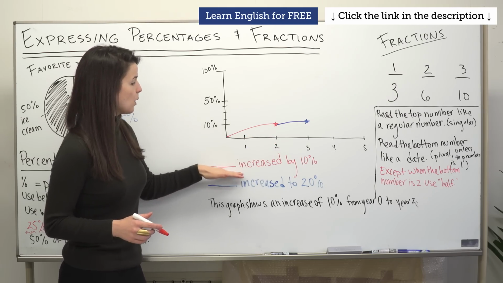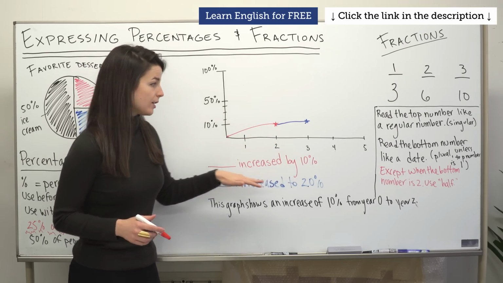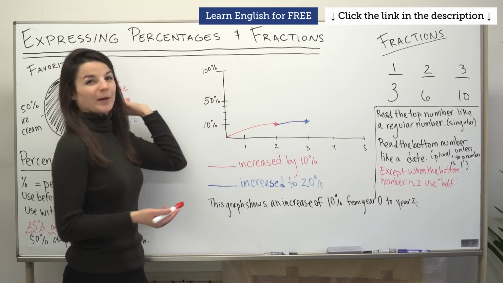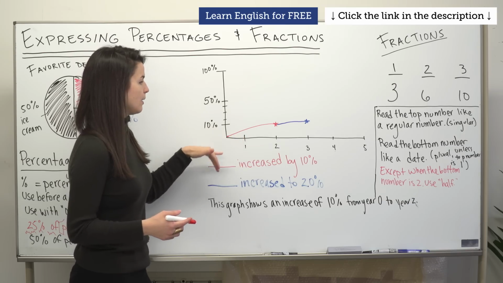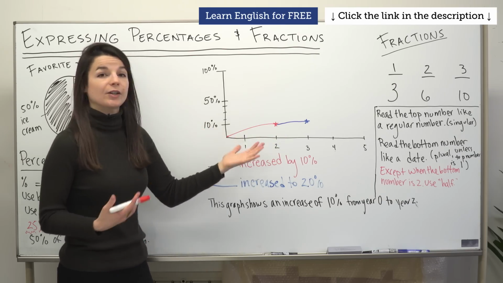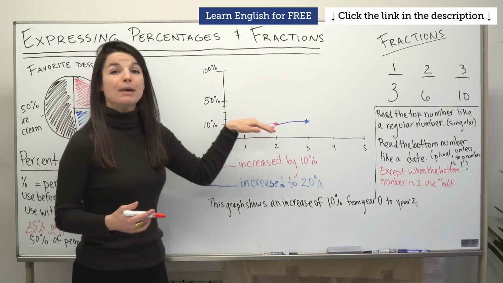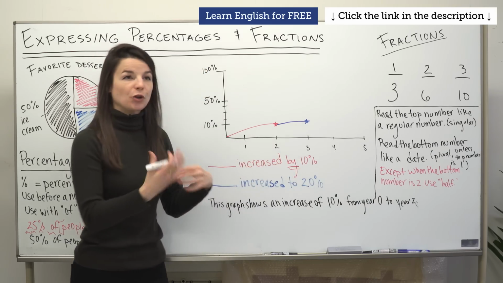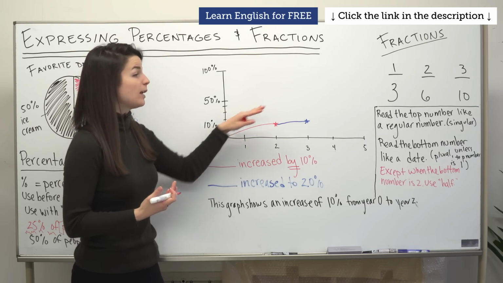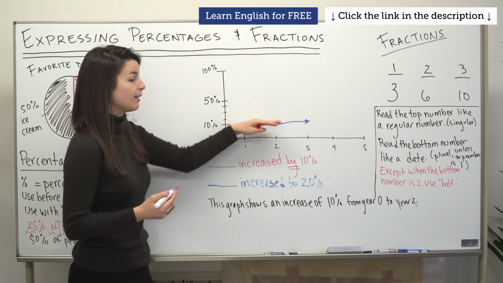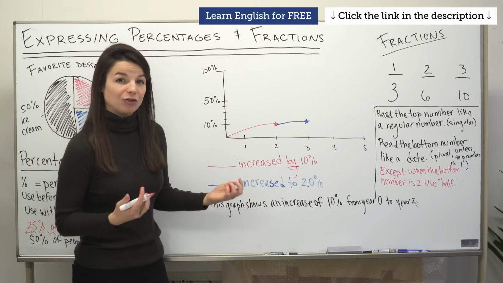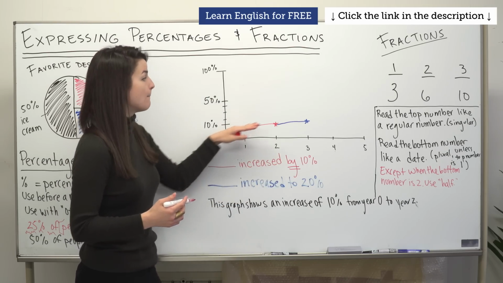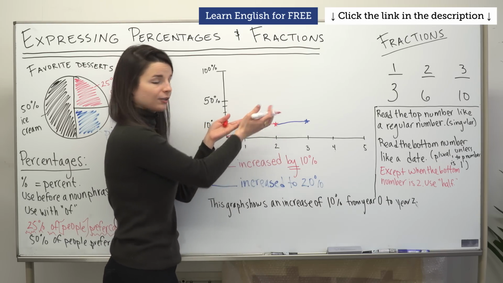So one way to describe this change is by saying that something, in this case, this was about dessert, so maybe like the number of people who made dessert at home increased by 10%. So this shows the degree to which something happened. So this is telling us the amount of change, in other words. The degree of change shows by here, increased by. So this is the total change.